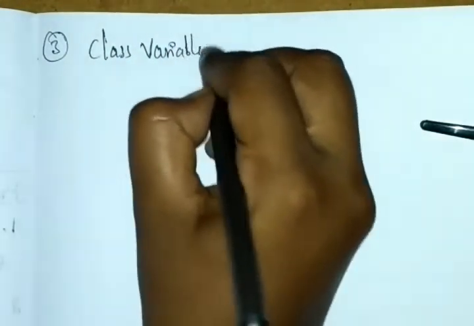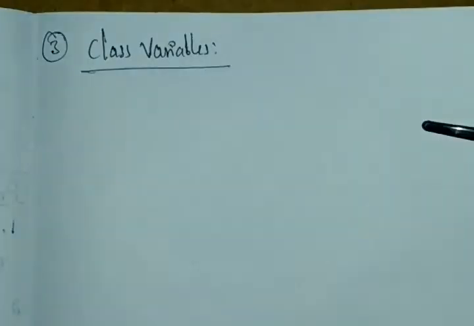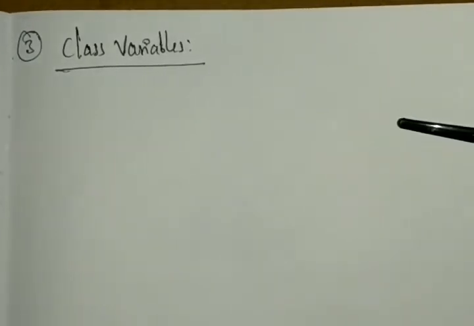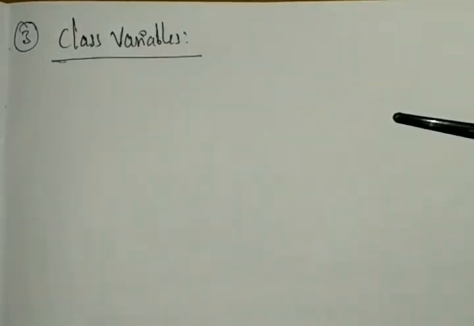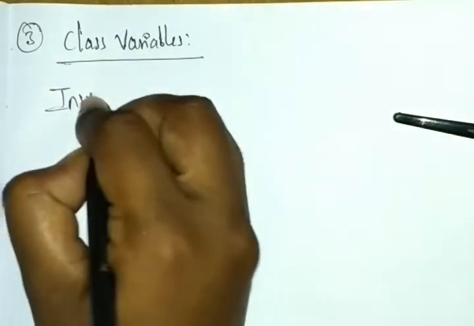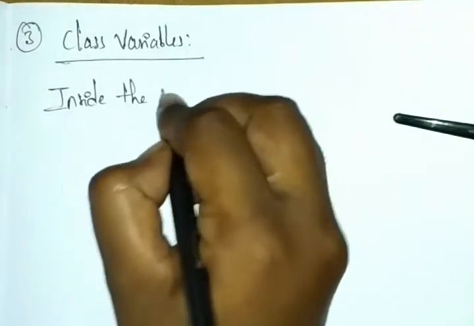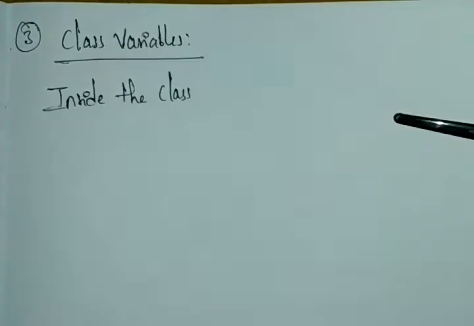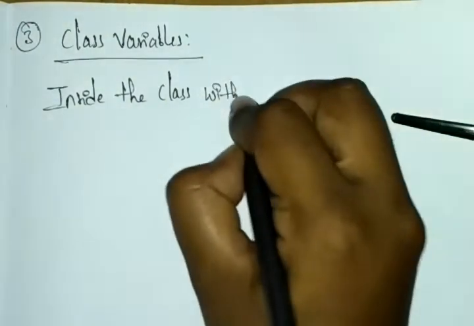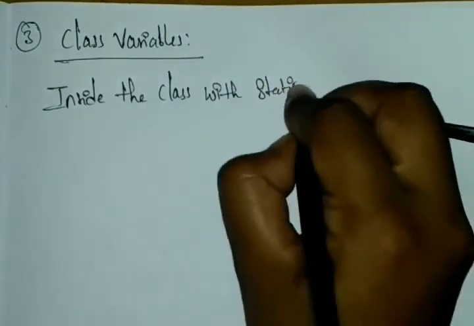So these class variables we can also call static variables. Here you can see these class variables are also declared like our instance variables, inside the class, but with the static modifier.